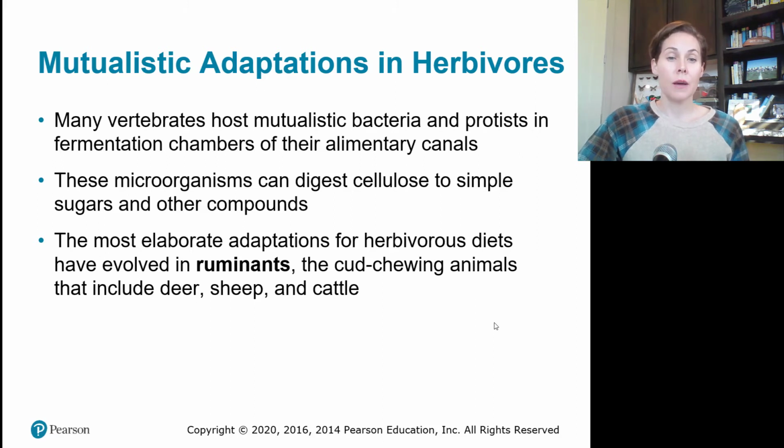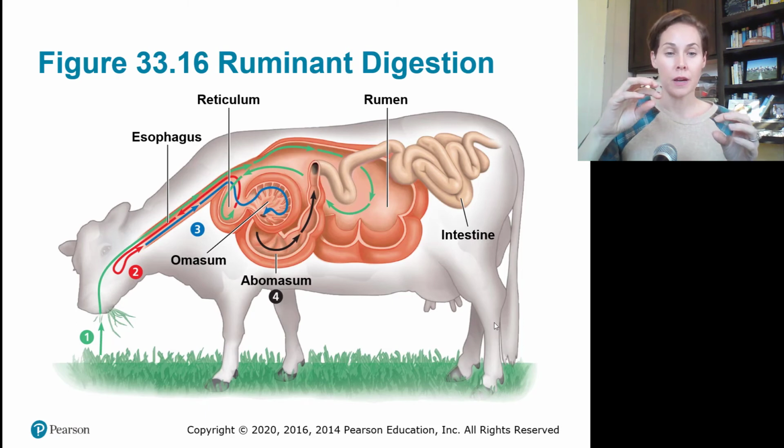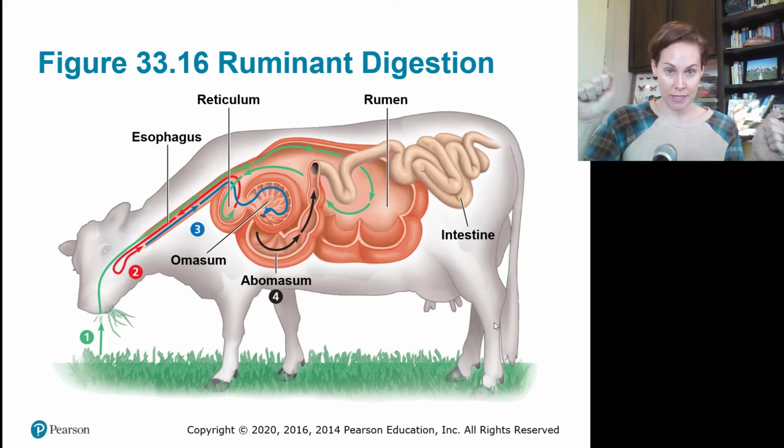They have bacteria in their gut that help them break down cellulose that they couldn't break down otherwise. Just protists and microorganisms living inside there that are necessary for them to be able to obtain the food. So the microbes break down the food, and then the body can absorb it.